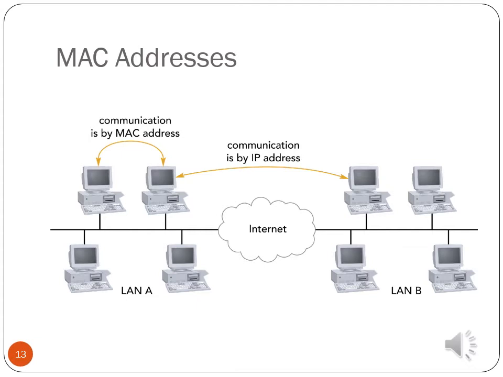If two computers within one local area network want to talk to each other, they can simply address the packets using the MAC address. But if one computer in one of those local area networks wants to talk to another computer in a different local area network connected by the internet, then it has to use the IP address of the computer it's trying to talk to. So again, the MAC addresses are hardware addresses, local area network addresses. IP addresses are more the long distance addresses.